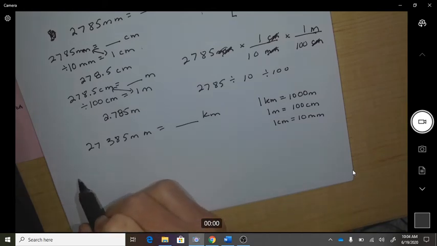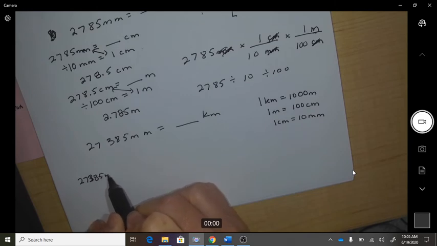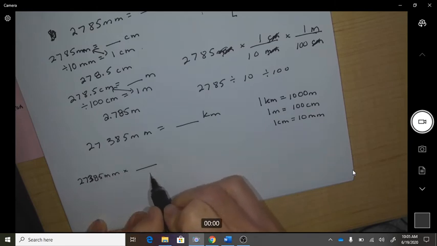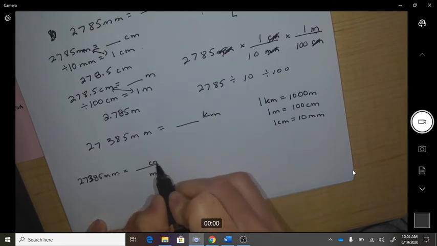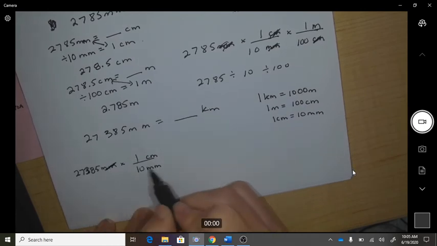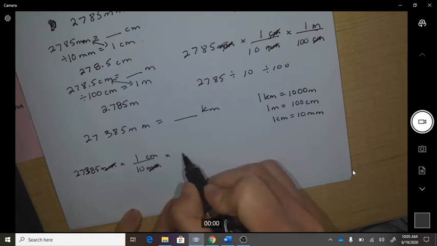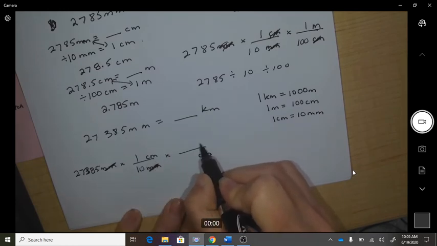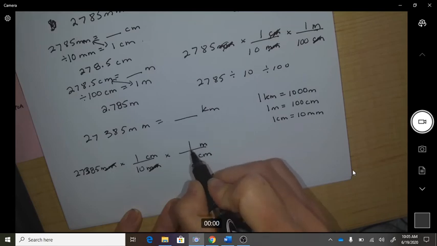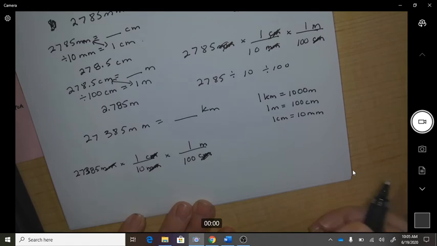So here's my millimeters. I'm going to times. So I'm going to go to centimeters, 1 and 10. I can cross off my millimeters now. Now I'm in centimeters, so I'm going to get rid of centimeters. Let's go to meters. 1 meter, 100 centimeters. That's off.